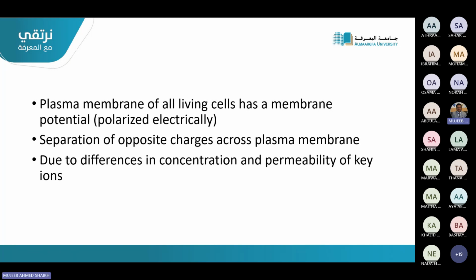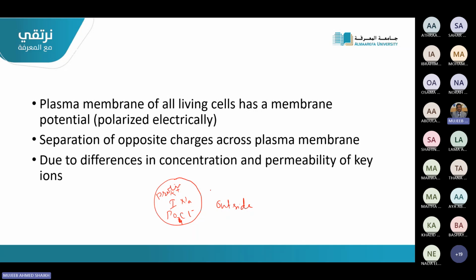So in a normal cell, let's say this is the cell membrane. This is the inside of the cell and this is the outside of the cell. Inside the cell, there are some ions like potassium, sodium, chloride, phosphate, PO3 or PO4, and also protein.